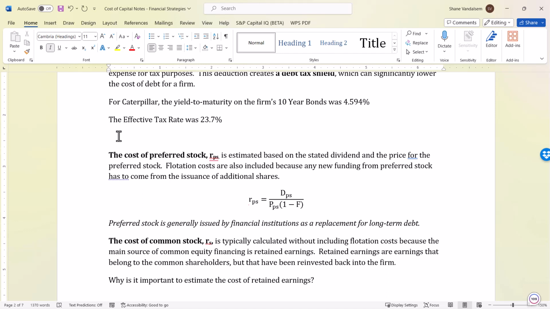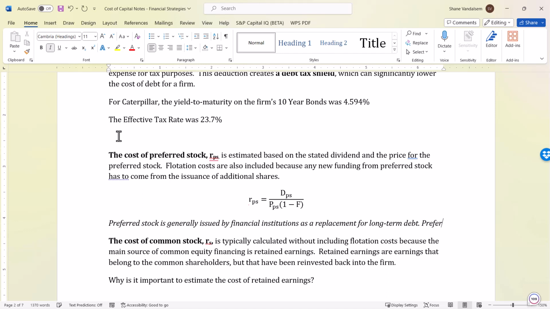So from a financial perspective, financial analysts often see preferred stock as a form of debt because there's a predetermined payment, unlike a regular common dividend. And if the company goes out of business, the preferred stockholders are in line before the common stockholders in order to get paid. So preferred stock is generally issued by financial institutions as a replacement for long-term debt.